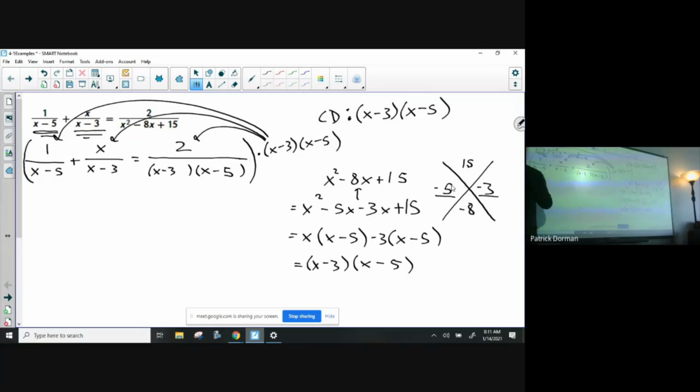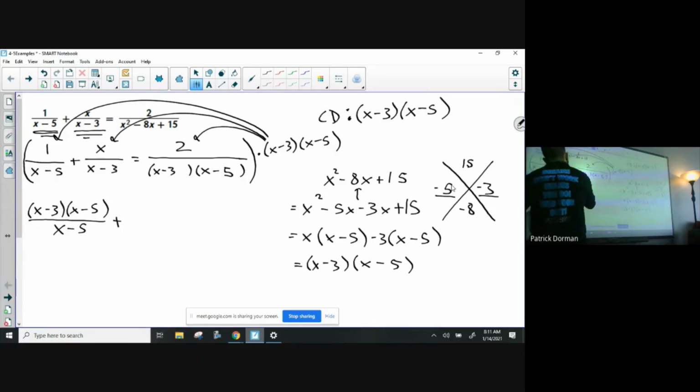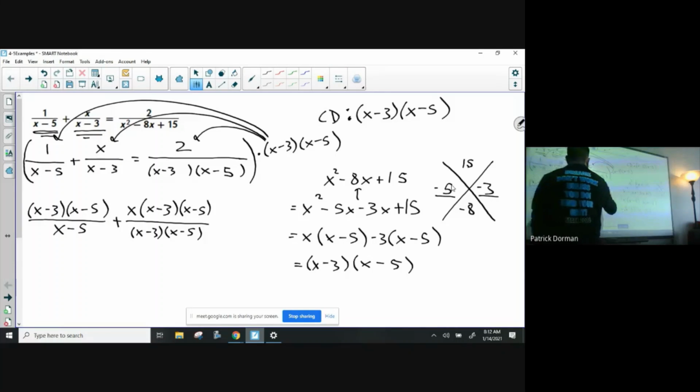So 1 times x minus 3 times x minus 5 is just x minus 3 times x minus 5. So that's what's going to land up in our numerator. Over here we have x times, right? We're multiplying everything. x minus 3 times x minus 5, all divided by x minus 3 times x minus 5 equals.